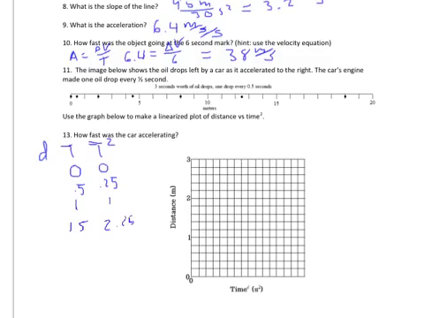And then I have the 2 second mark. Then I have 2.5 seconds. 2.5 squared equals, whoops, pretend I didn't say that. It's 6.25. That is so embarrassing.